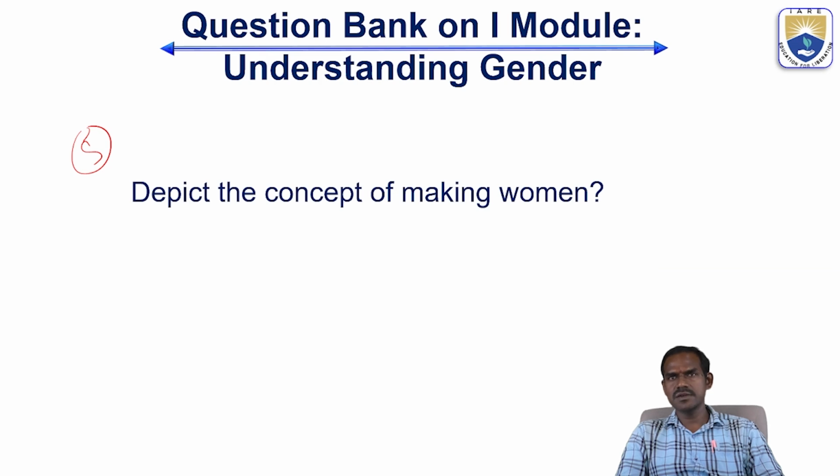The parents have to grow the child. So that is how making women is possible in the society without any gender discrimination. Okay, I hope you can write the answer for this question in an explicit manner.